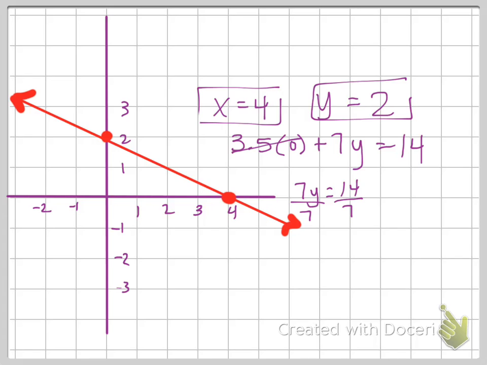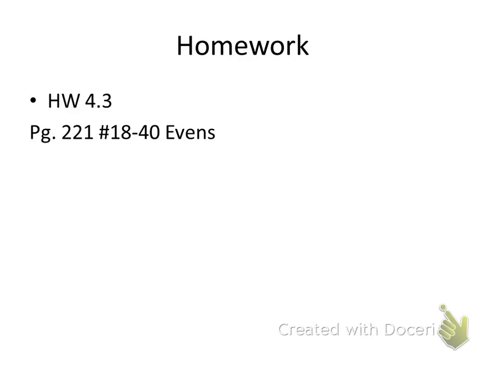Okay, so that's how we would use x and y-intercepts to graph the equations. This is your homework for tonight.